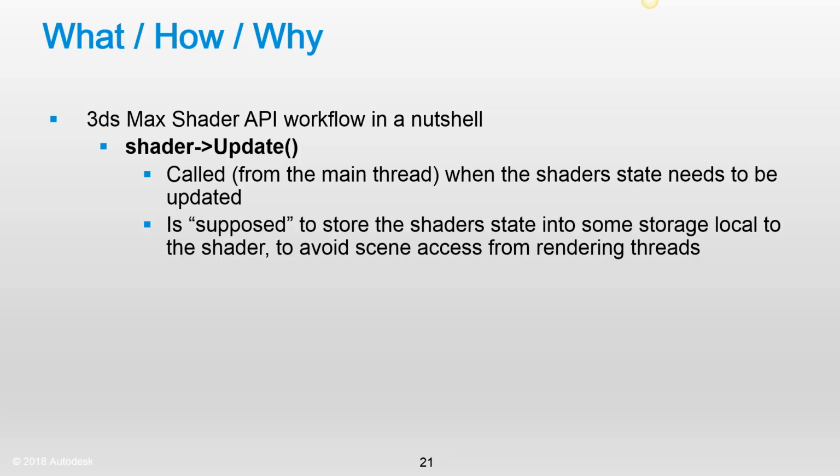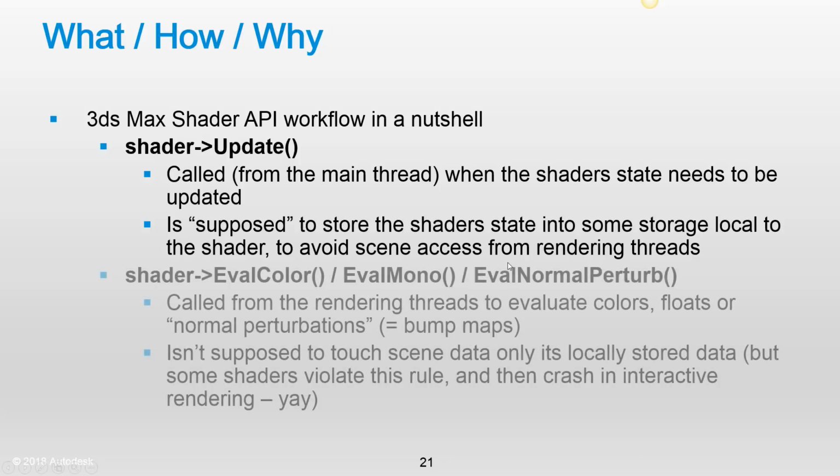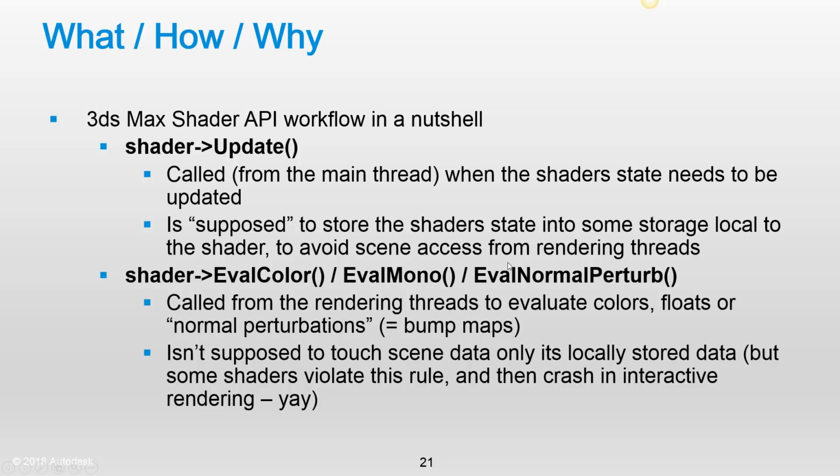Often for simple shaders it's just stored in regular member variables in the C++ class. And then there's the eval function, which is supposed to render. And these are called from the rendering threads. And rendering threads cannot touch the scene. They can only touch data that are in the shader themselves. Even though some actual shaders kind of violate this, which can be problematic in interactive rendering.